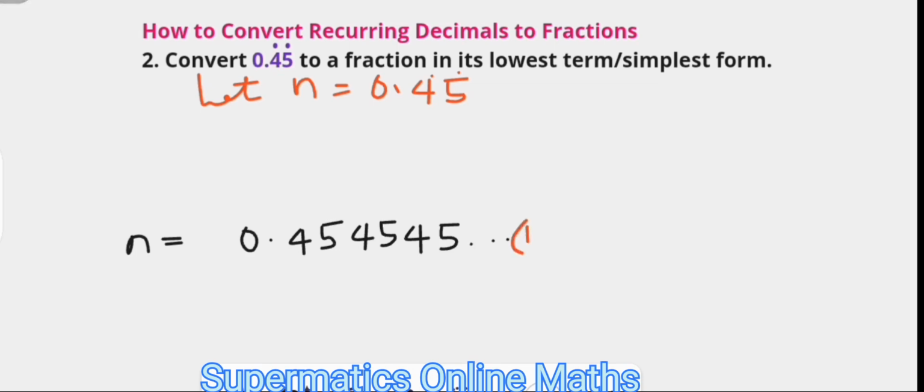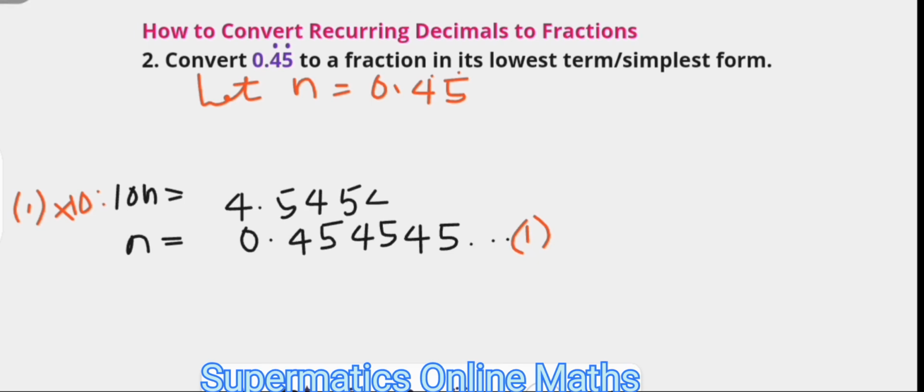That is called equation 1. And as usual, we multiply equation 1 by 10. When we do, we have 10n equal to, moving the decimal place once, 4.545454, and it goes on like that. This is the second equation.